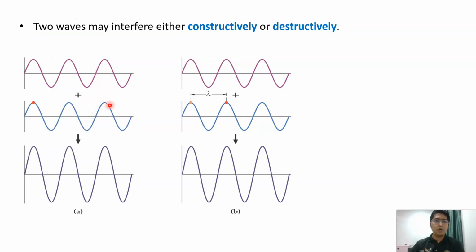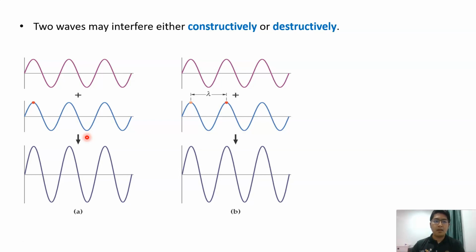The first one and the second one have the same wavelength, and they also have the same phase, meaning that they have the peak at the same time. Let's say the maximum at the same time, and then the minimum at the same time, so that we can say both of them are in phase.